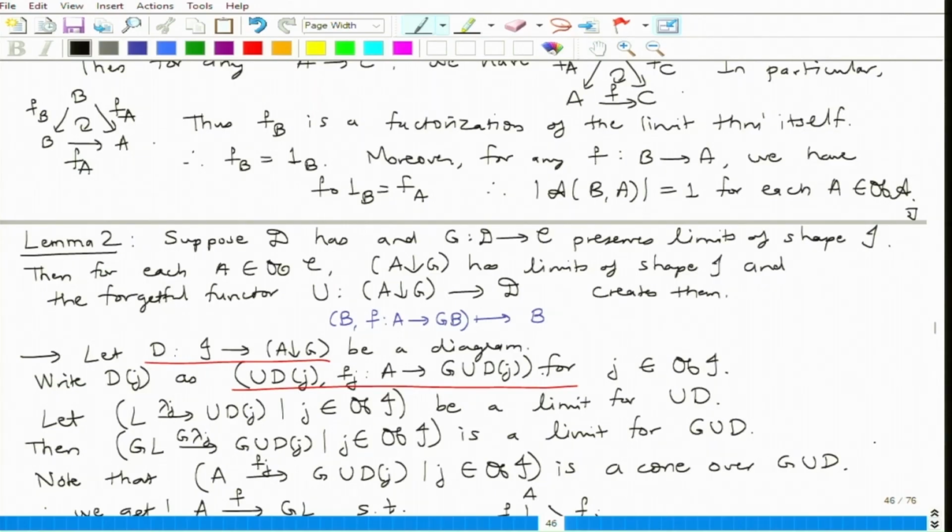So now you are done by the earlier lemma that I showed. Okay, so this is the proof. However, this is the first idea that arose in history for the adjoint functor theorem, but this is practically useless because nobody is going to check whether there exists a limit of a shape which is not even a set.